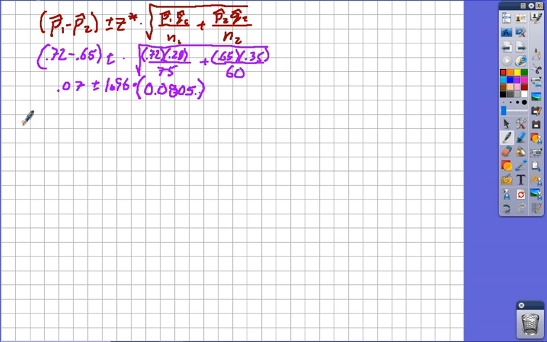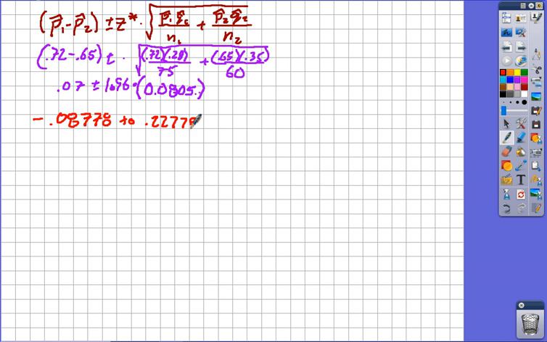With the rounded number here, we get negative 0.08778. And then putting the plus number in, we get 0.22778.